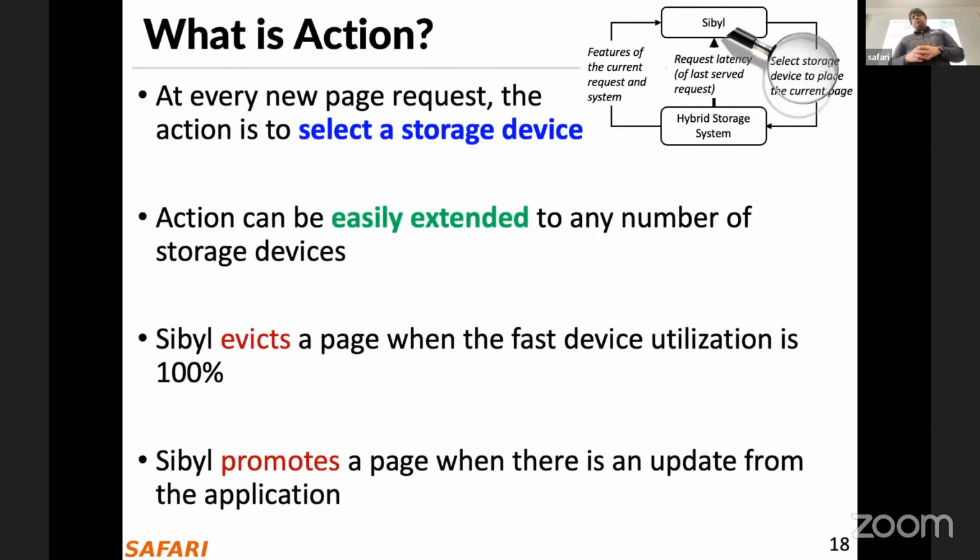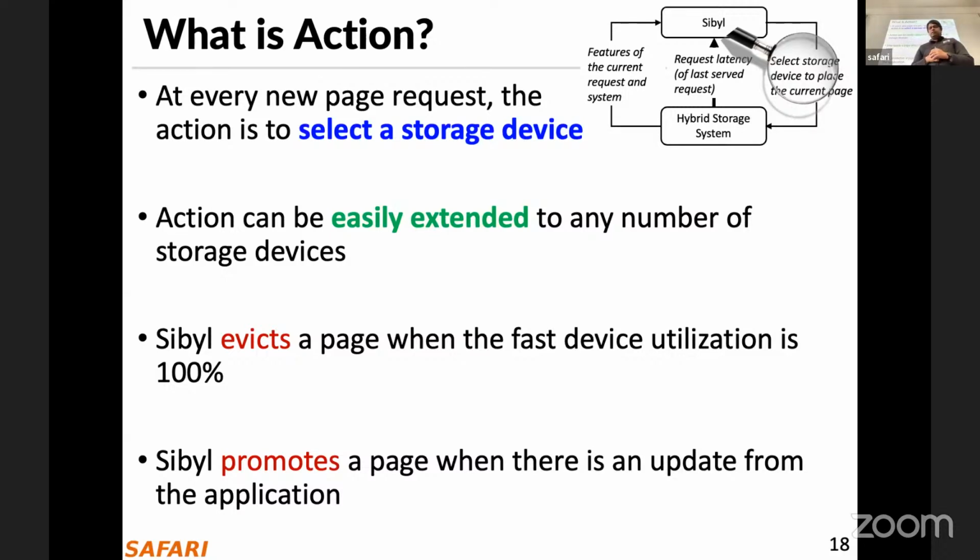Then finally we look at the action, and the action is to place the data for every incoming IO request in one of the devices in the hybrid storage system. That's a very simple action. You can easily extend this to a number of storage devices, and I'll briefly explain how we can do that later in this presentation.